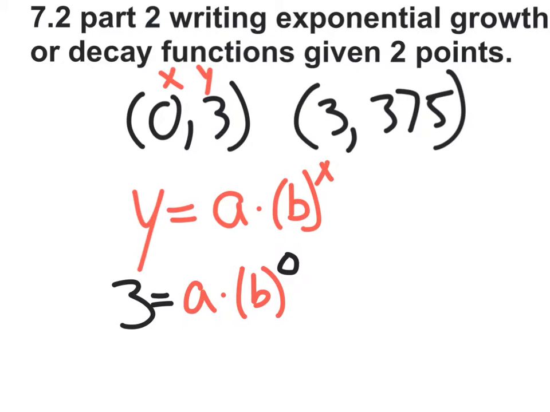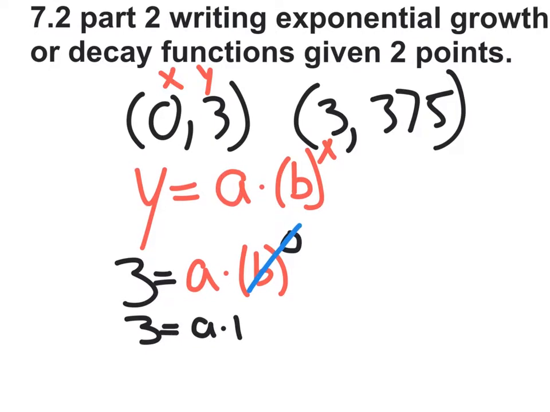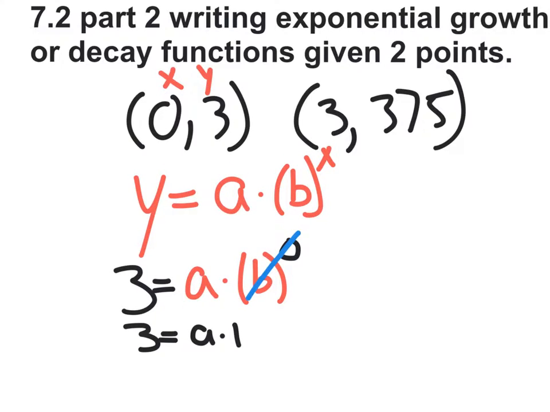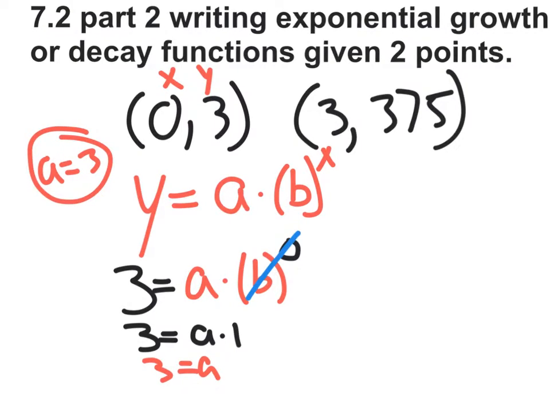So this b to the 0 cancels out. That's really 1. So your new equation is 3 equals a times 1, which means 3 equals a. In other words, a equals 3. And ladies and gentlemen, that's half of what you need. You already know that a is going to be 3. All we need is the b now.